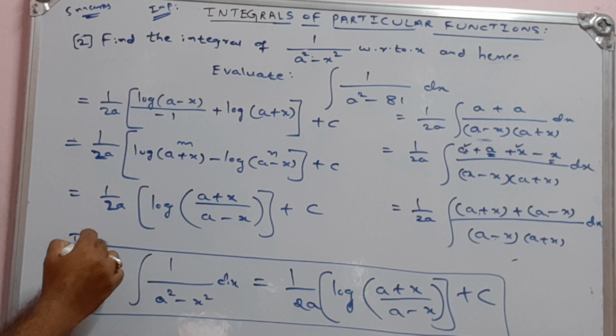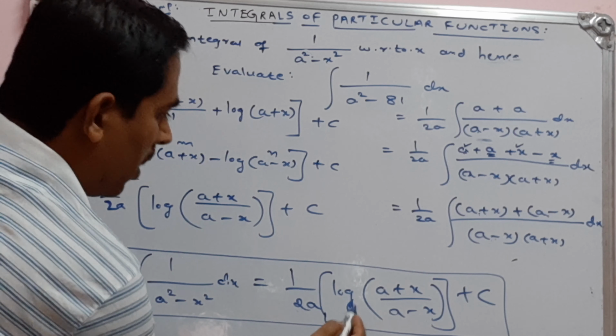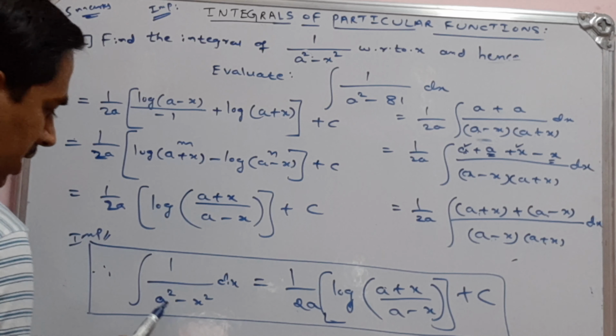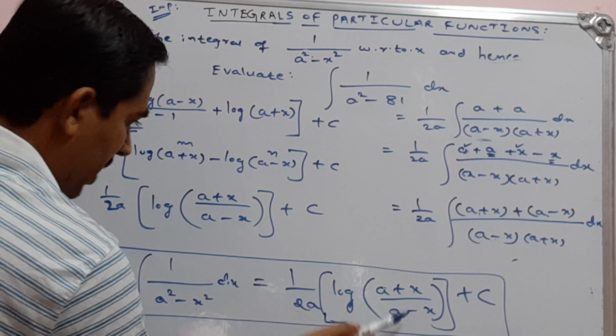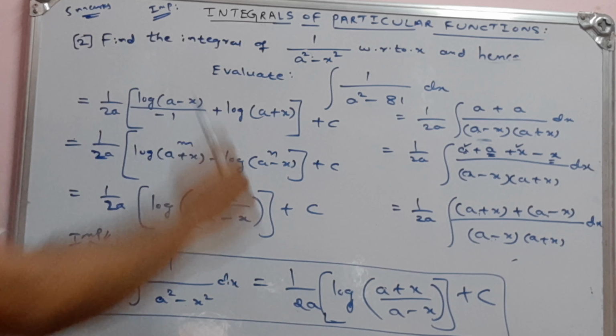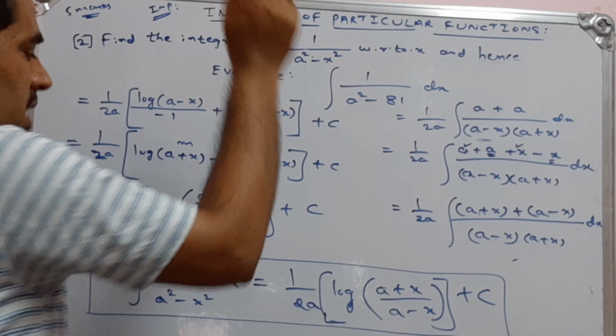Very, very important, so note this down. See, 1 by 2a into log of a plus x in the numerator divided by a minus x in the denominator. So this is our second particular function, where a square minus x square is there.